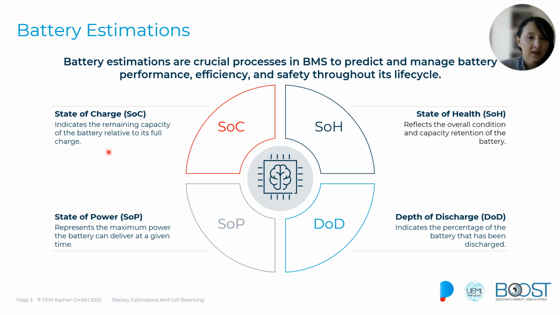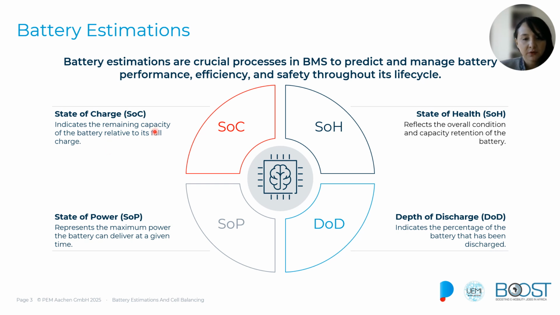Then we have the state of charge, and this indicates the remaining energy in a battery as a percentage of its full capacity. And this parameter will guide the user to know when to charge and when to discharge the battery, and how to optimize the performance to prevent, for instance, over-discharging it.